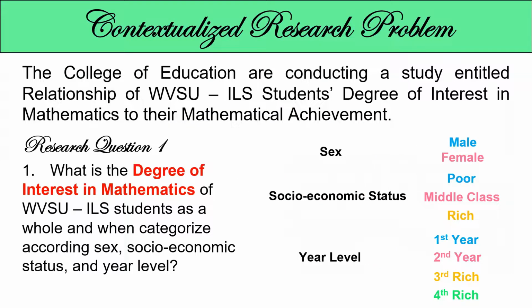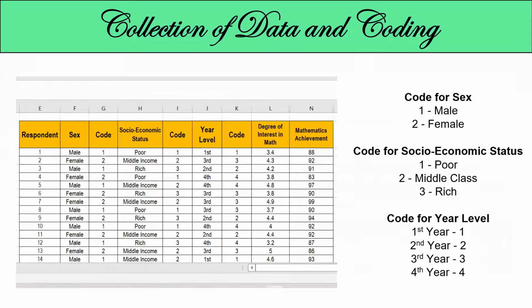So going back to our contextualized research problem, the first step that we need to do is, of course, collect our data and code. You can see there are our three variables: sex, socioeconomic status, and year level, then the degree of interest in mathematics and mathematics achievement. We actually have 50 respondents or participants, but we can only see 14 here because I only took a screenshot.